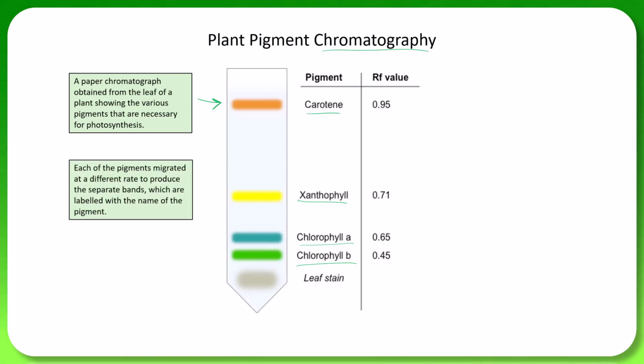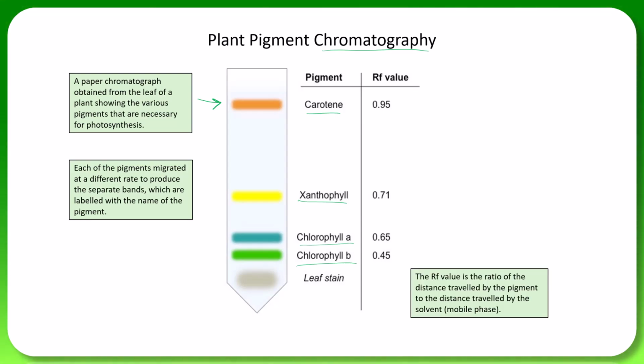Each of the pigments migrated at a different rate to produce the separate bands, which are labeled with the name of the pigment here. The RF value is the ratio of the distance traveled by the pigment, specifically, to the distance traveled by the solvent. You can look really carefully. The solvent basically stopped here.